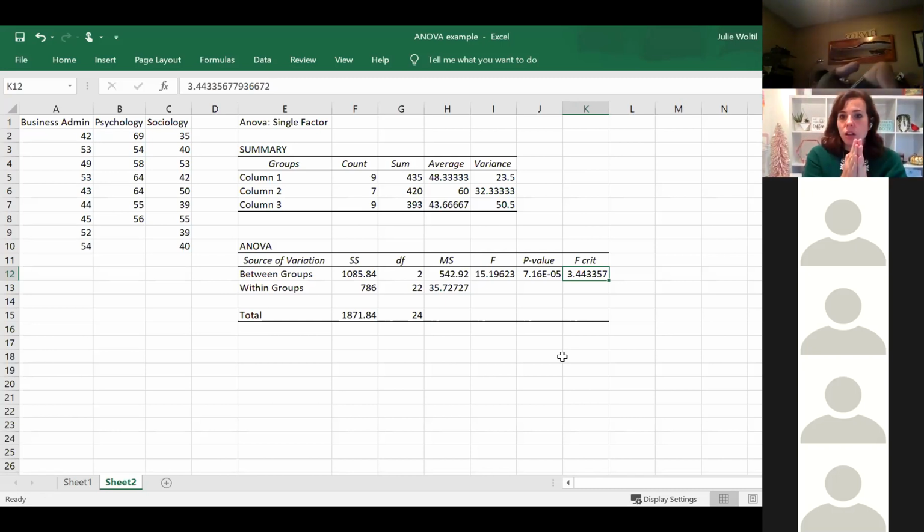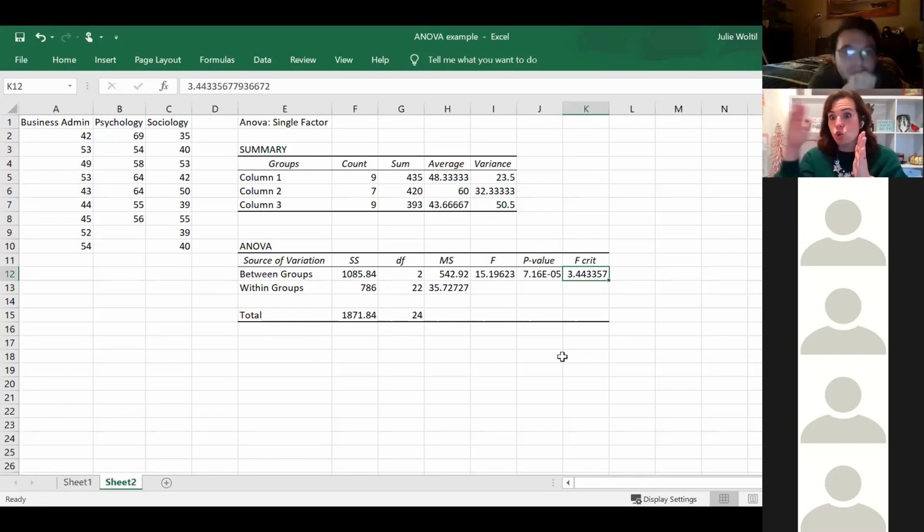Whenever you're F critical, just like a T critical, that's the smallest value that shows significant. Anything above that, super significant. That's gravy. So our F critical is 3.44. Our F ratio is 15.20, so very significant. In fact, look at this p-value. This is an itty-bitty p-value.